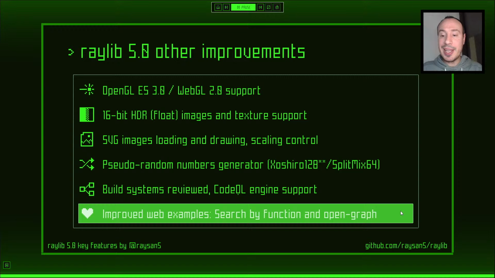And finally, the web page has been reviewed, and it has been added a search functionality, and also Open Graph support for all the examples. Now, if you try to share a raylib example in different social networks like X or maybe Facebook or wherever, you get a fancy image of the example, with description and everything.